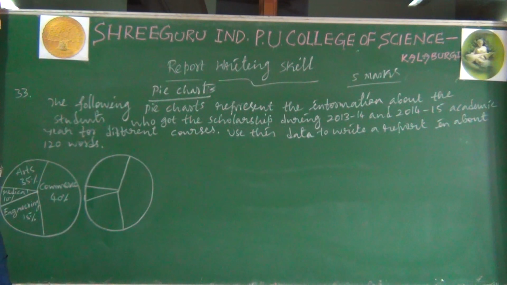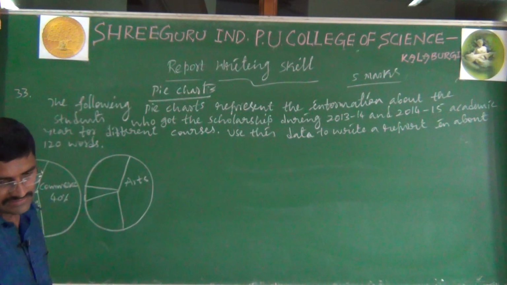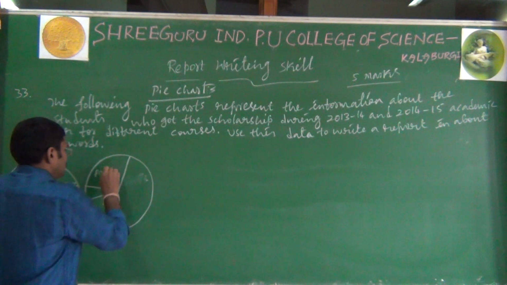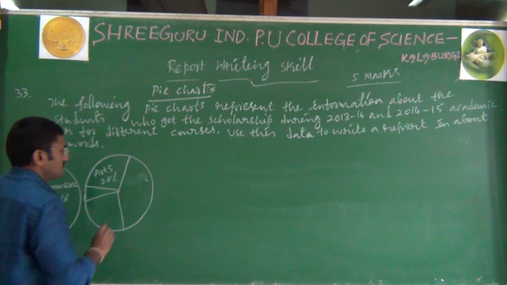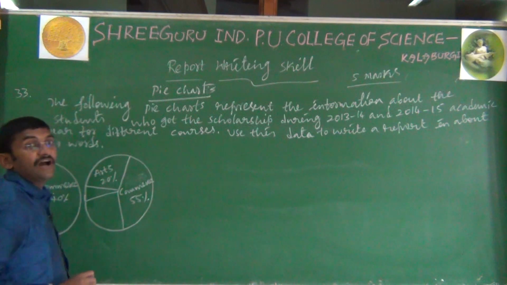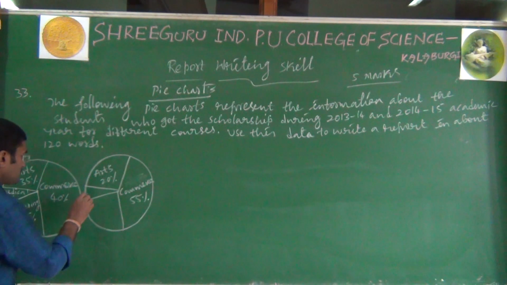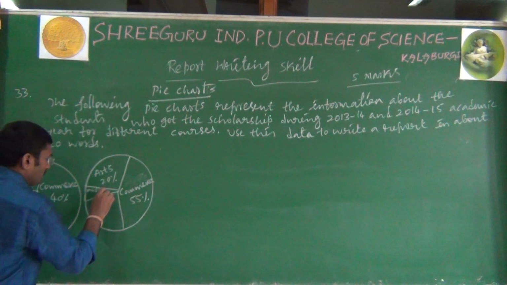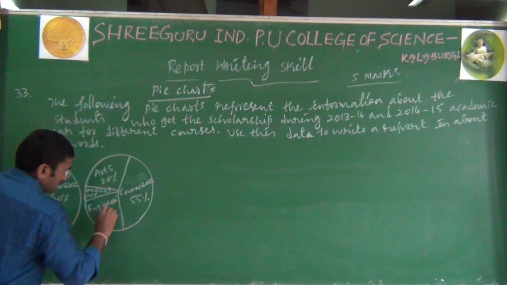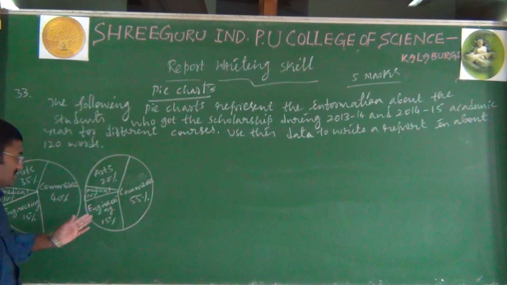When it comes to the second pie chart, arts is of 20%, commerce is of 55%, medical 10%, engineering 15%.